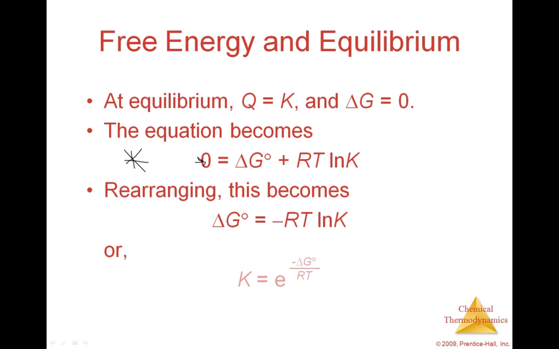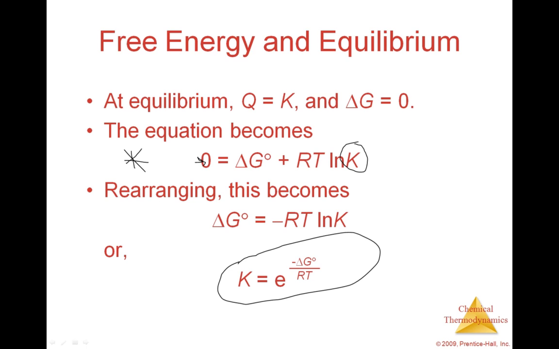And we see that we can actually then substitute in the K value instead of Q. And now we have an equation down here where we can determine what the equilibrium quotient or product is. So K is equal to e to the negative delta G over RT, and that's delta G standard state. So now we have a way of looking at Gibbs free energy, which we have to set to 0 at equilibrium to find the equilibrium constant.